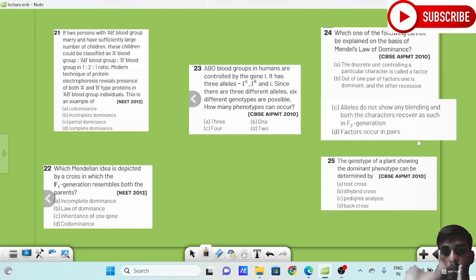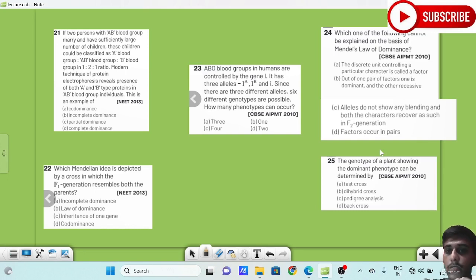So 24C. Next, the genotype of a plant showing the dominant phenotype can be determined by test cross, right? We know that while doing a test cross, we can understand the genotype of a parent. If the parent is heterozygous, the test cross ratio will be 1:1. What is actually a test cross?